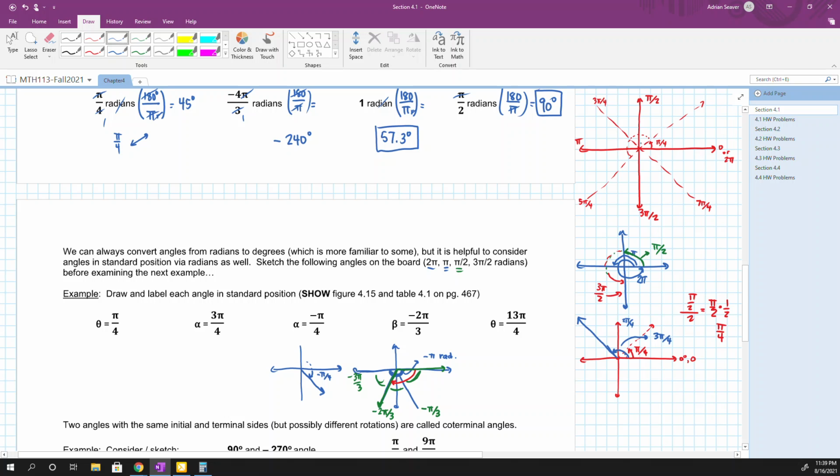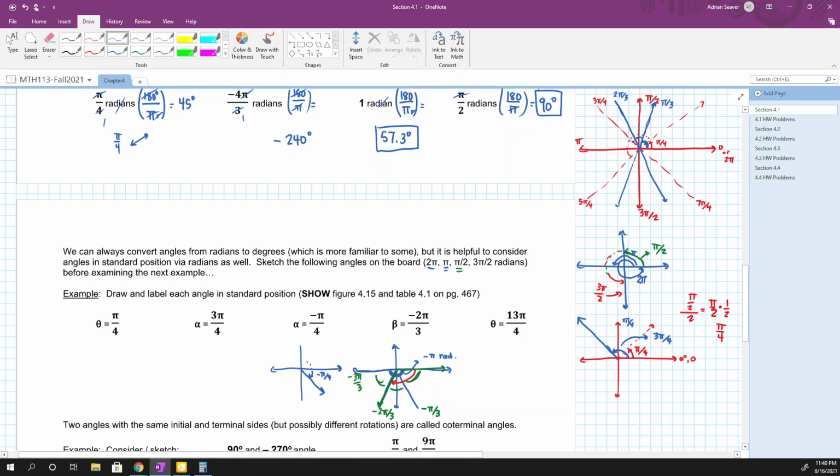Another common one is what we just did a minute ago, and that is to split it into thirds. So this would be your pi over 3. If I do the same thing here and split that, this would be pi over 3, 2 pi over 3.